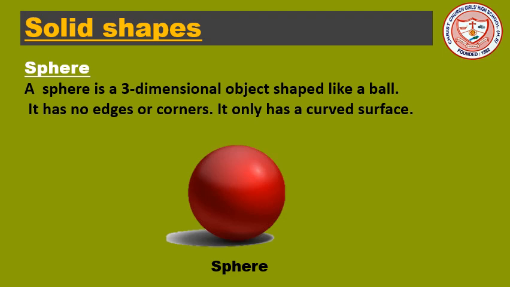So this is the picture of a sphere. So what is a sphere? A sphere is a three-dimensional object shaped like a ball. It has no edges or corners. It only has a curved surface that you can easily find out from this diagram. All right?